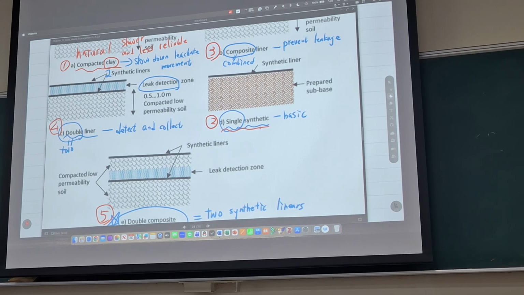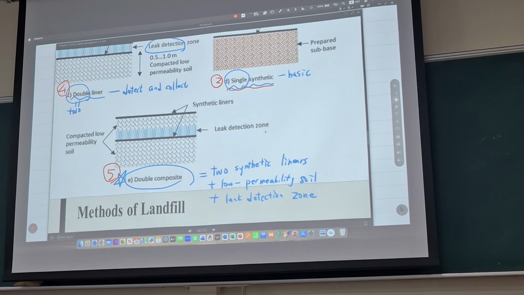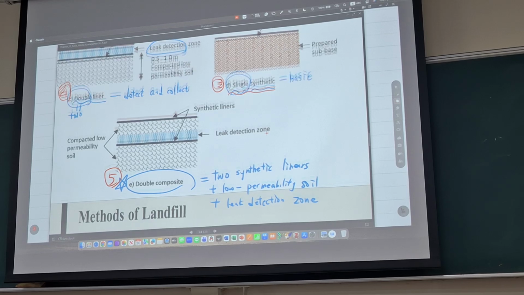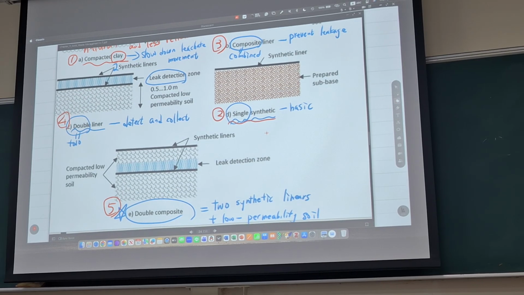Second best, double liner. The best one is double composite, but the problem is you have to spend more money. Of course, everyone wants to use double composite, but money matters. And you also need to consider the area. Does this area require double composite, or will composite be good enough?